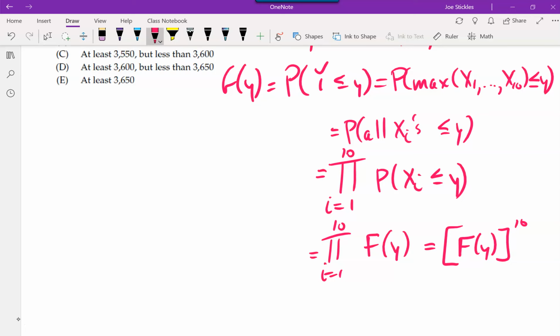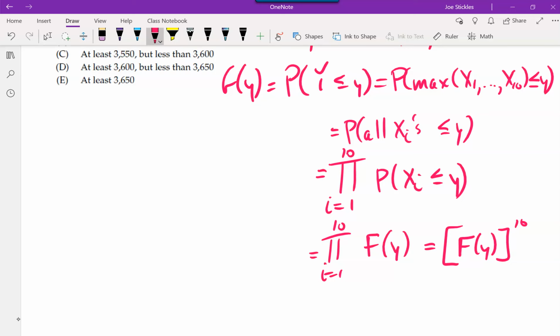So again, both of these steps in the middle are the independence, that's breaking it up as a product, and identically distributed, using the same CDF for each one of them. So that's how it becomes a power of the CDF.